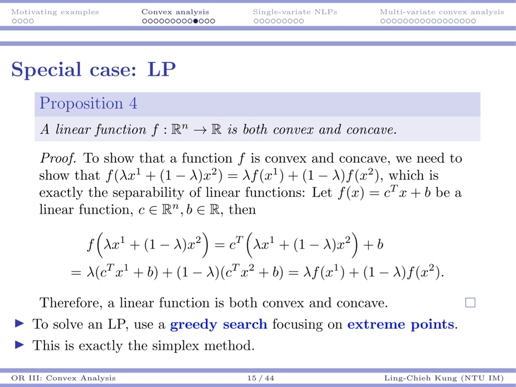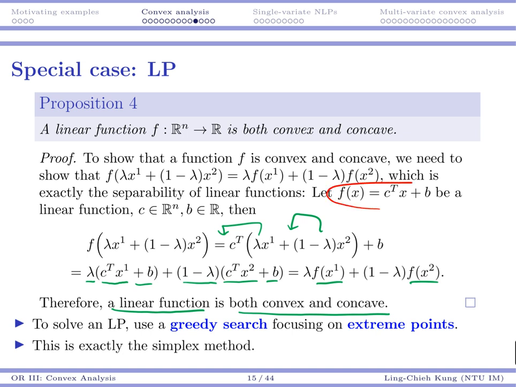You may take lambda outside and 1 minus lambda outside. You get lambda multiplied by c transpose x1 plus b, plus 1 minus lambda times c transpose x2 plus b. This is f of x1 and this is f of x2. Nothing really difficult. That's how a linear function is both convex and concave. The key is that a linear function is separable.